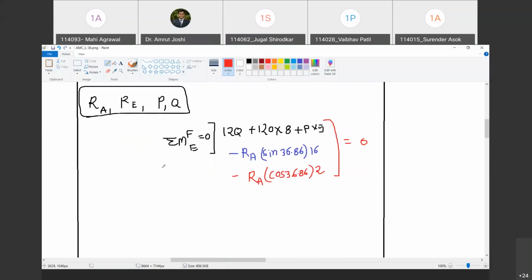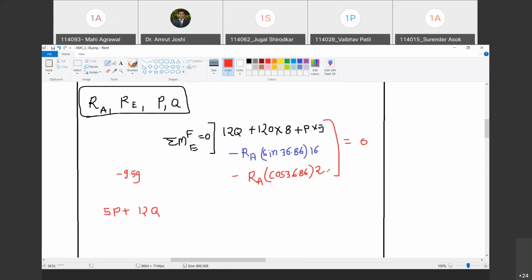So let's simplify. So this is 5p plus 12q. Are you with me? Yes, sir. And now tell me how much is 16 times sine 36.86? So 9.59. That is minus 9.59. Do you agree with me? Yes.